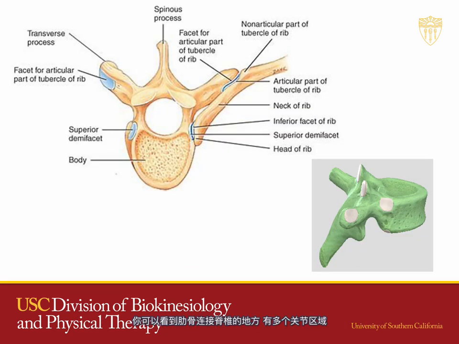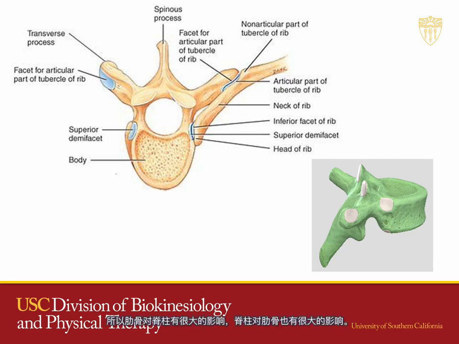So you can see here that where the rib attaches to the vertebrae, there's multiple areas of articulation. So you'll see the articular part of the tubercle of the rib is really at the most lateral transverse process area. And then it also articulates at the head of the rib to essentially what's called the superior demifacet, or this area that's closer to the body of the vertebrae.